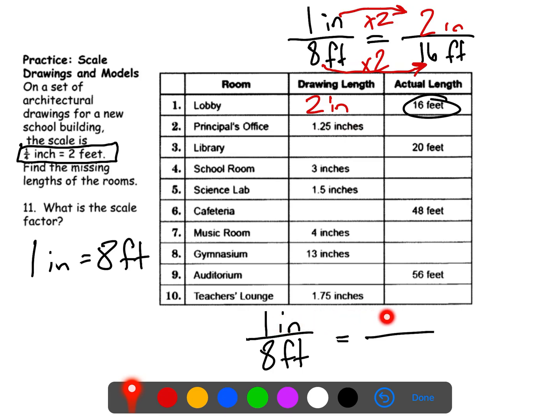So that's going to have to go on the top of my ratio to keep everything in line. Okay. How does this measurement change? Well, it's getting 1.25 times greater. 1 times 1.25 is 1.25. And I need to balance that here, which would turn 8 feet into 10 feet.